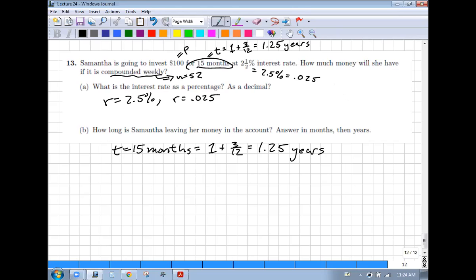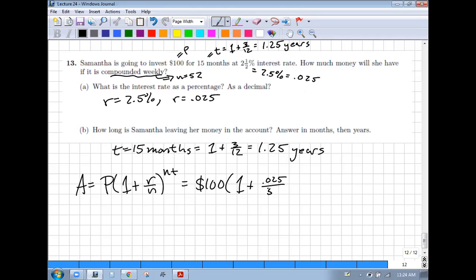Oh, wait, 15 months. Okay, so 15 months, the amount, principal times 1 plus R over N to the NT. We have $100. The interest rate is 0.025, but we're doing this 52 times a year.